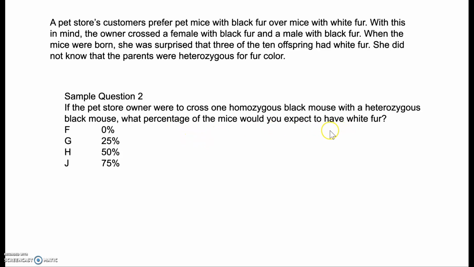So I know that as long as I have 1 capital letter in every box, then I have the dominant trait, which is black. So every one of my boxes have a capital B, so all of my mice will have black fur. So that means that none of my mice will have white fur, and that is F, 0% has white fur.